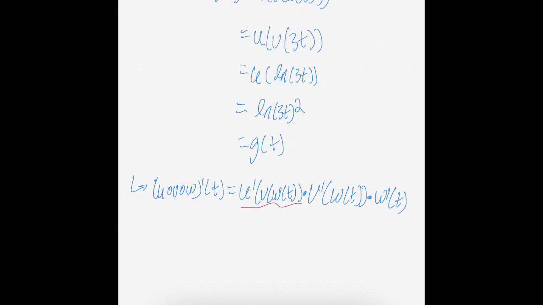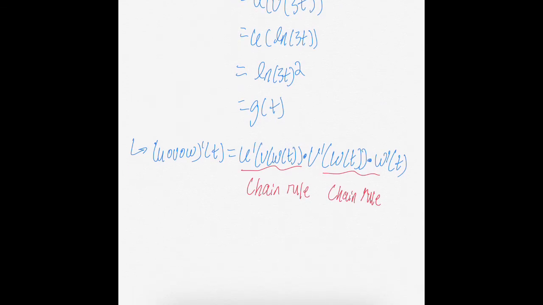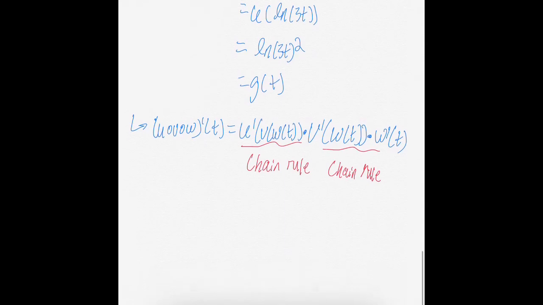And then I need to do that times the derivative of w. Okay, so this is just the chain rule. Really we're applying the chain rule twice. First we apply it to u of v of w, and then we apply it to v of w of t. Okay. So now this looks all scary, but we've broken it down into digestible pieces.